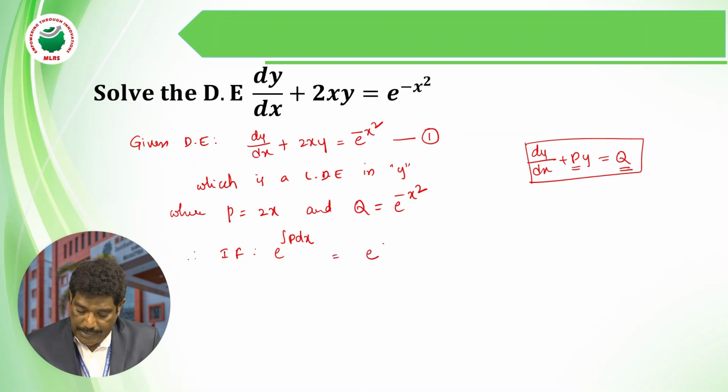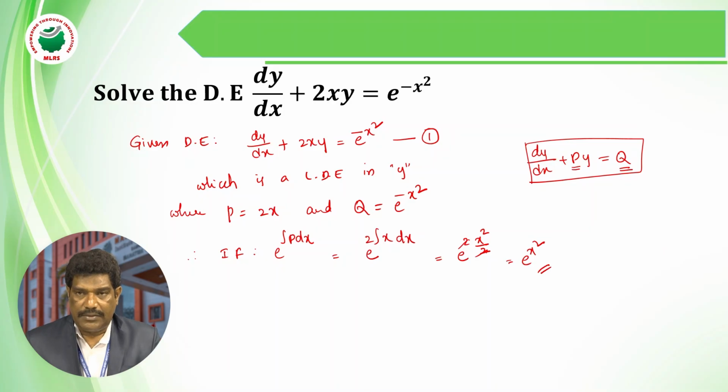That equals e to the power of integration of 2, writing outside, and x dx. That equals e to the power of 2 into integration of x, which is x square by 2. 2 and 2 both cancel. The remaining is e to the power of x square. E to the power of x square will be our integrating factor.